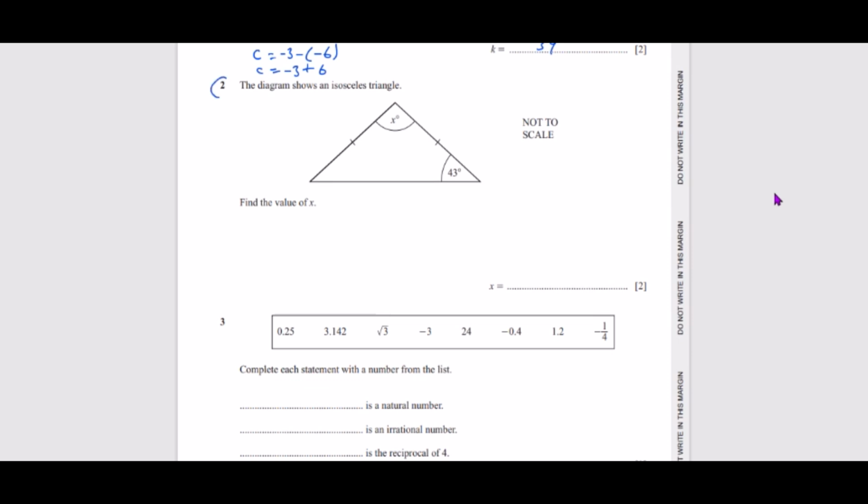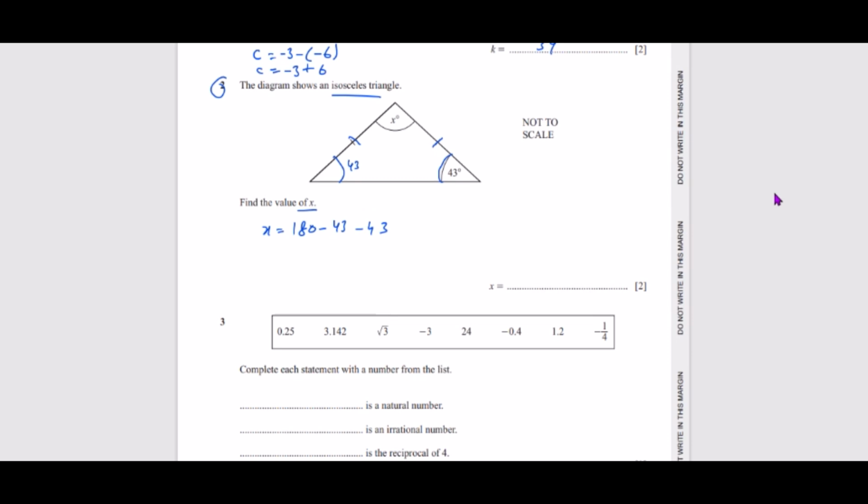The diagram shows an isosceles triangle. Find the value of x. These two cuts show that this angle is equal to this angle. The sum of angles in a triangle is equal to 180. So x is equal to 180 minus this angle, which is 43, minus 43.